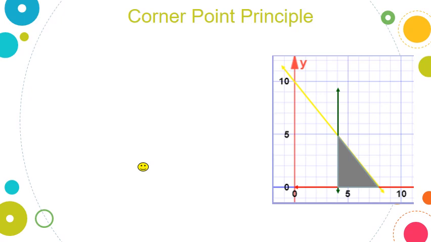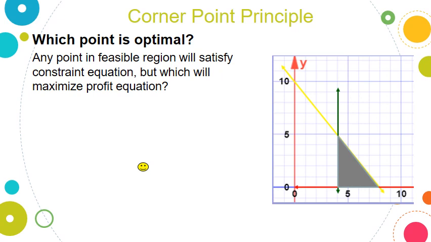So let's continue along these lines. How can I get the most money? In that case, we have to talk about points and which point is optimal, okay? Any point in the feasible region will satisfy my constraints, but would any point make me the most money? No, there's always a certain scenario that makes you the most money.